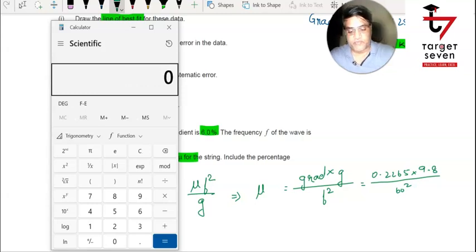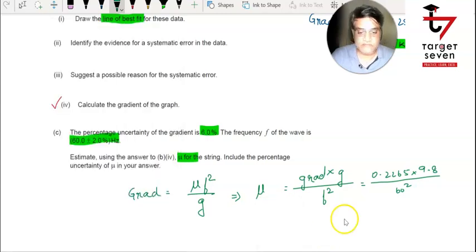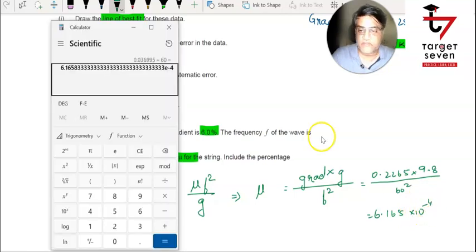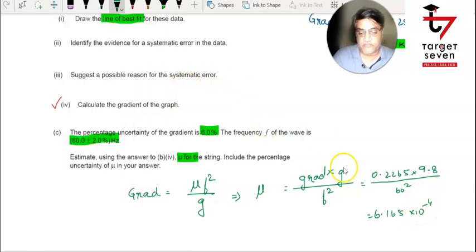The value therefore will be 0.2265 into 9.8 divided by 60 squared, comes out to be 6.165 into 10 to the power negative 4.